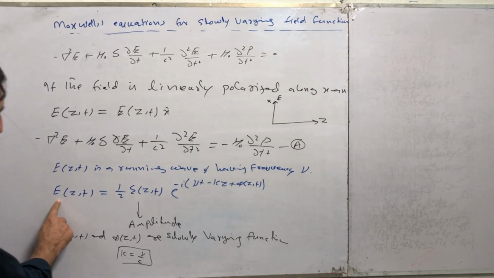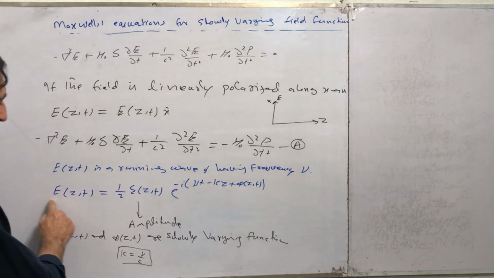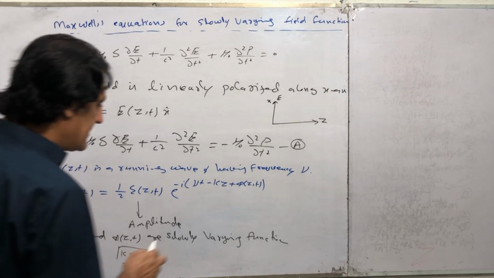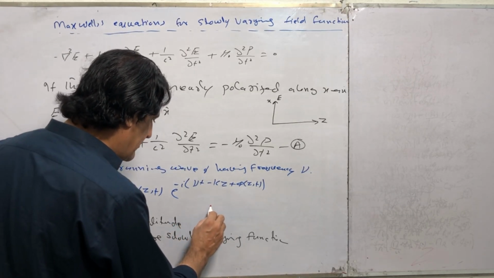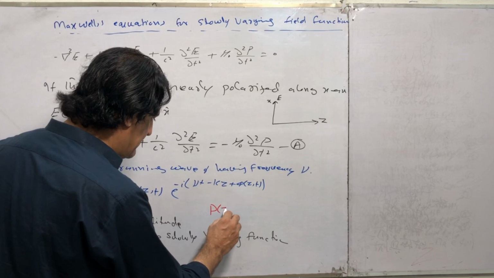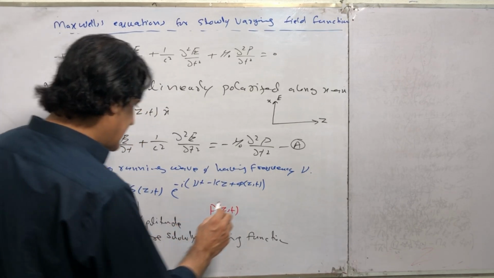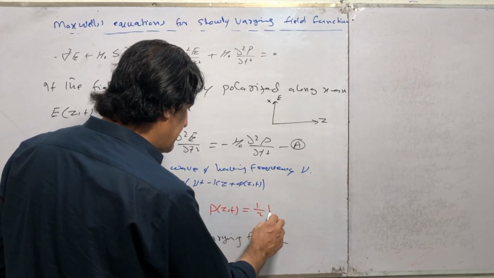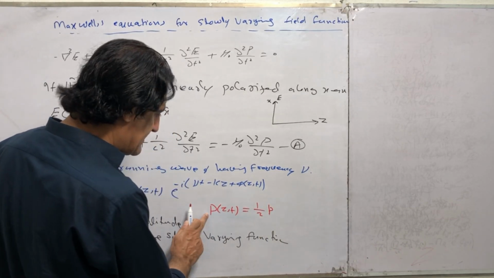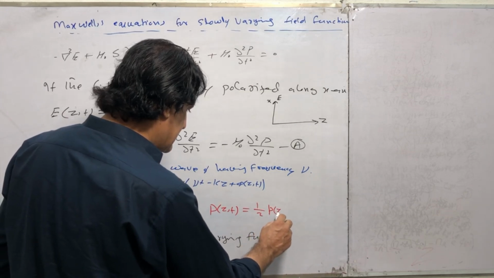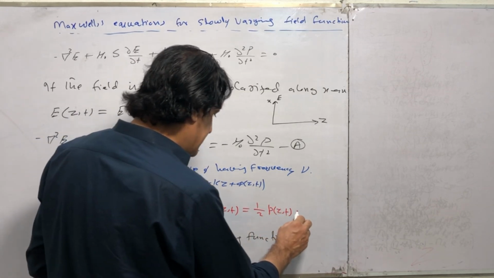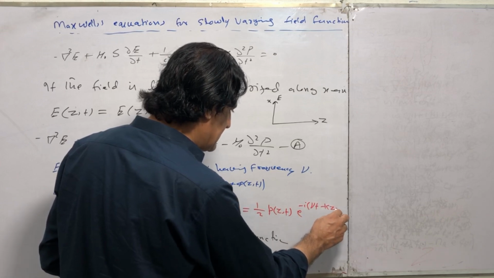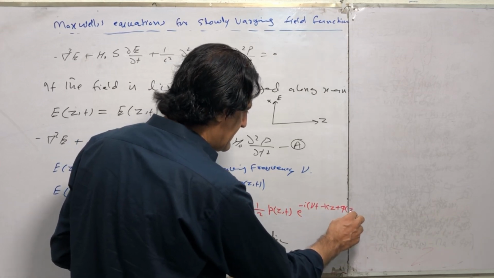If the electric field is a running wave like this, then it means the polarization P(z,t) will also be equal to 1 over 2 P(z,t) e to the power minus iota (nu t minus kz plus phi(z,t)). This P is different from this one.